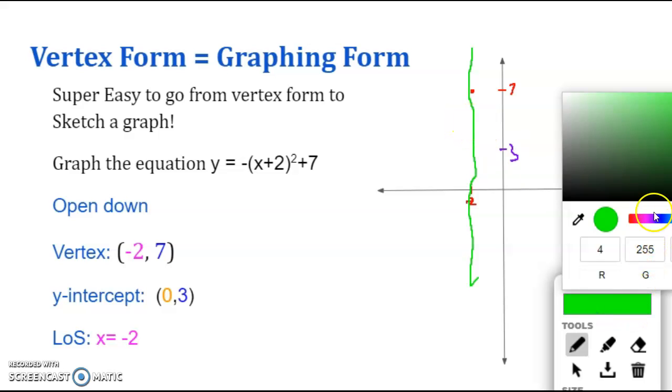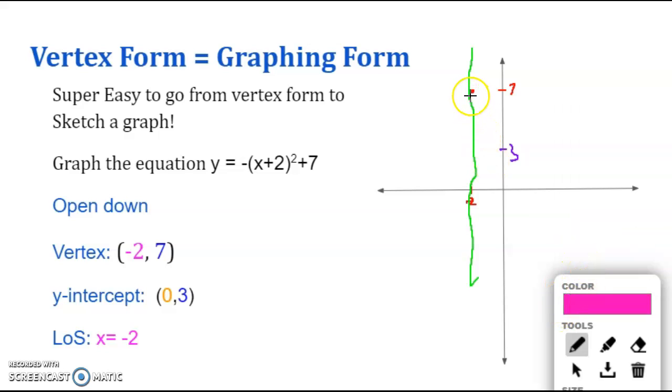With 2 points, you can't really draw your graph. However, knowing that this is a vertex and we know the line of symmetry, we can use the fact that a quadratic equation is always going to be symmetrical and put another point right here.